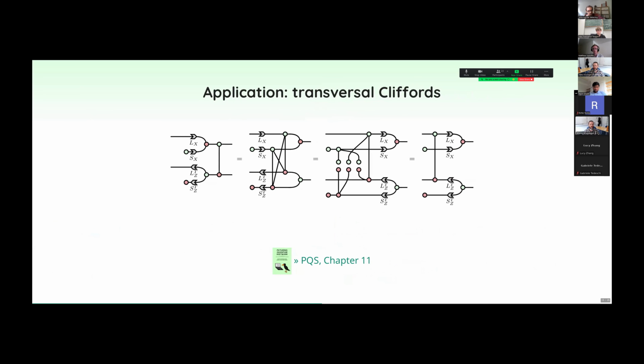So these are gates which act only on single qubits in each code block. And for instance, this is the proof that doing a C0 transversely on a CSS code physically is the same thing as doing a logical transversal C0. Okay, and you can see it's a pretty compact, nice proof using the scalable notation.